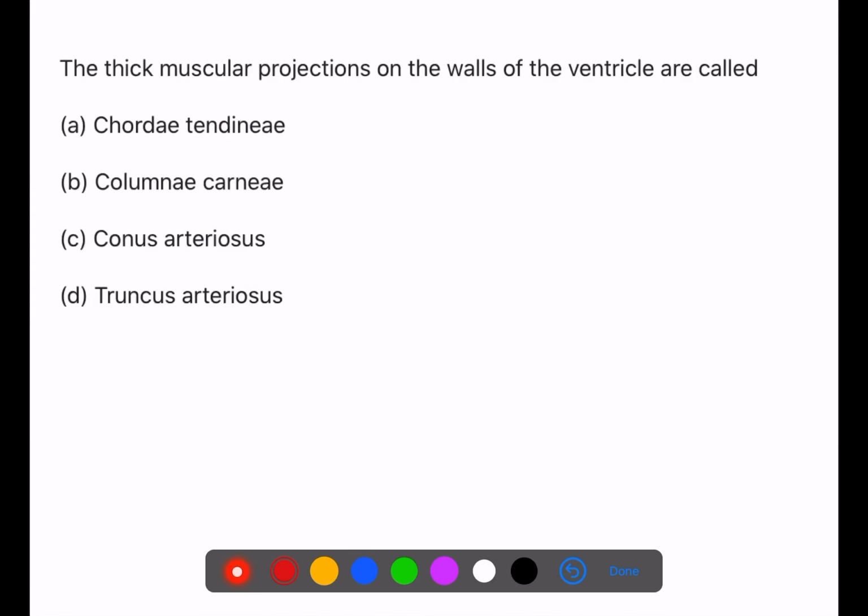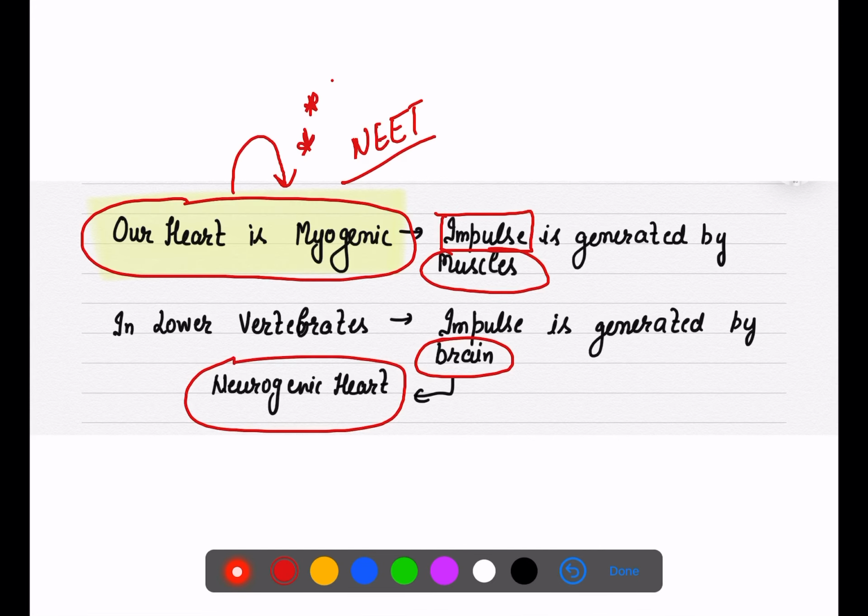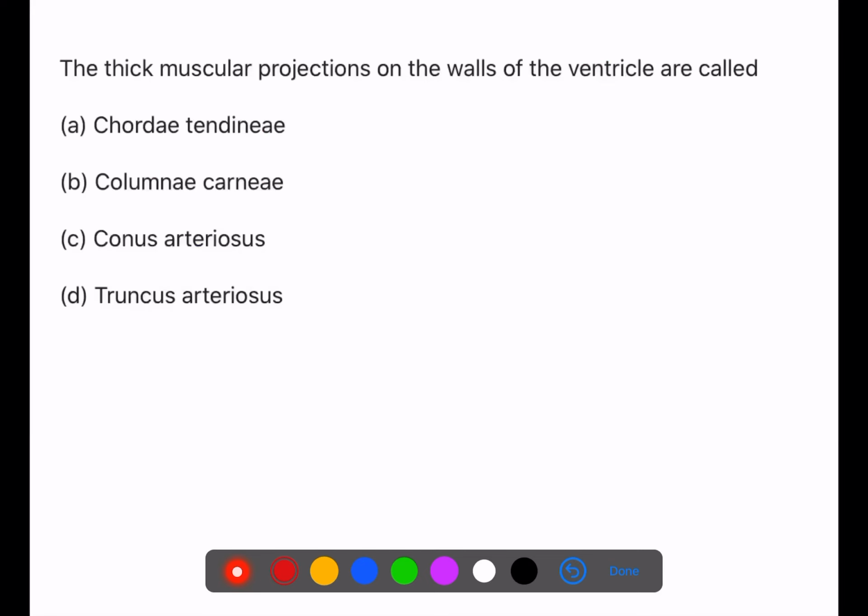So this is all about our two topics, that is the circulation as well as the nodal tissue. Next, I am leaving you now with three questions. First: the thick muscular projections on the walls of ventricles are called. Read the question very carefully, what is asked of you.